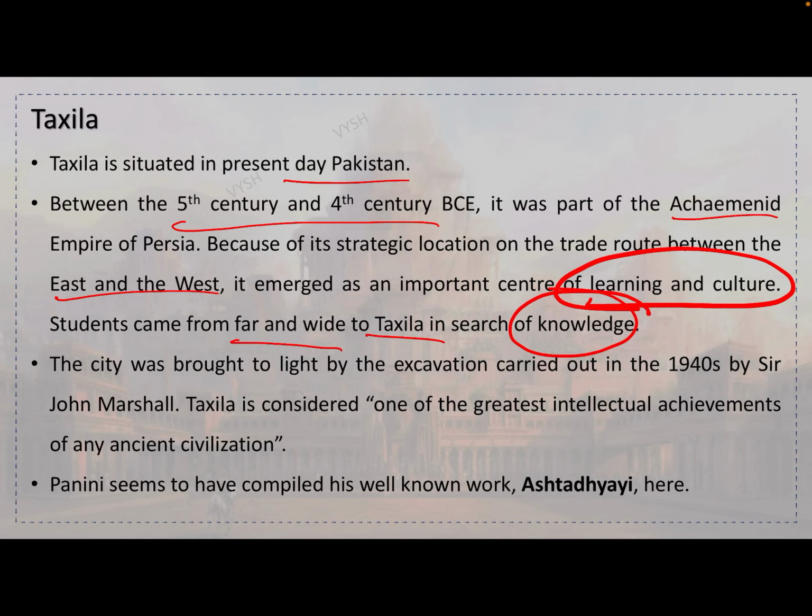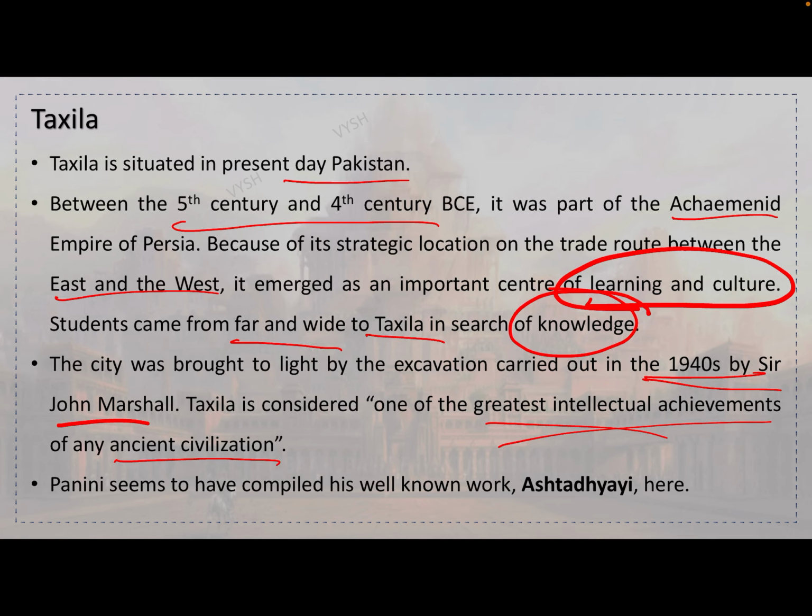The city was brought to light by excavations carried out in the 1940s by Sir John Marshall. Takshila is considered one of the greatest intellectual achievements of any ancient civilization. As you have read about Nalanda University, Takshila University was that important at that point of time.